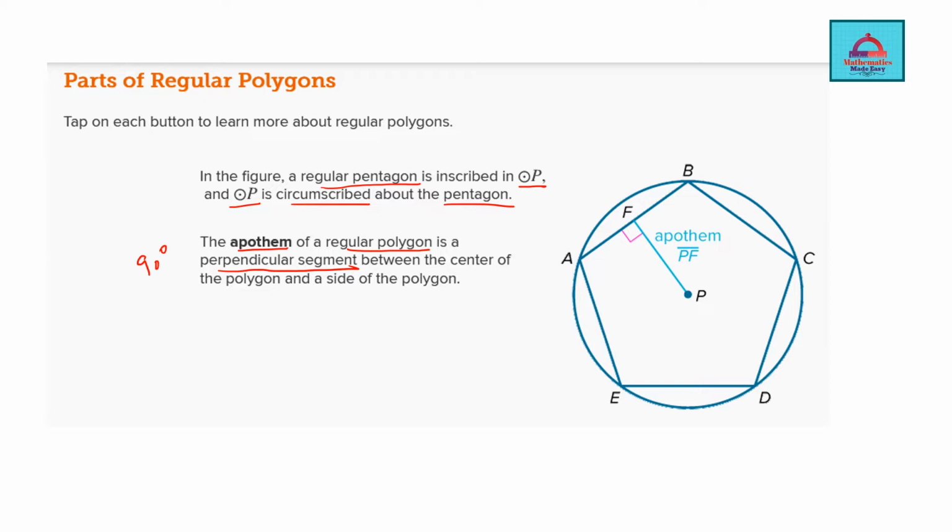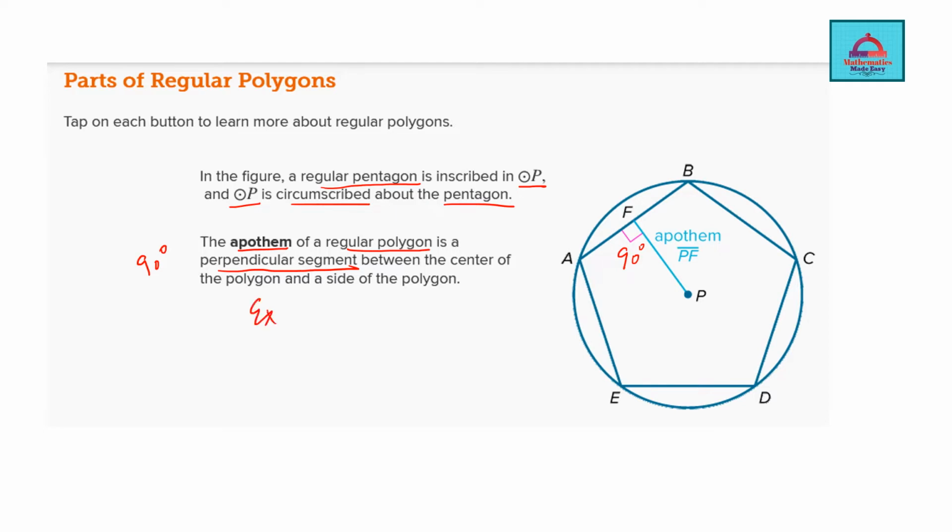The center of that side AB is point F, and if you join point P with point F such that PF is perpendicular to AB, that means this angle is 90, then PF becomes the apothem.